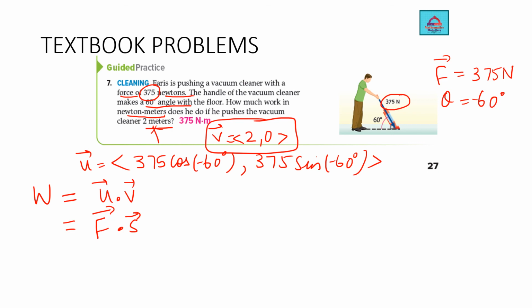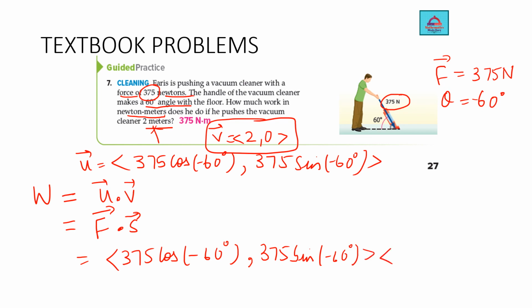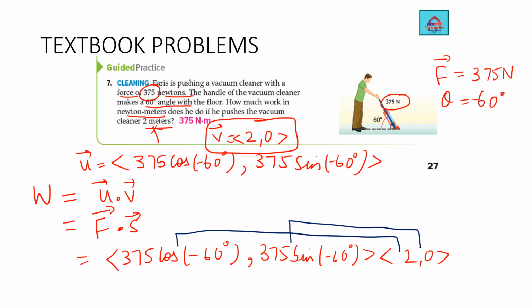So you can plug in the values. I'm just now substituting in the dot product, and when you take the dot product, I hope you remember from video 1, x goes with x, y goes with y. Now the part going with 0 will vanish, so you are only left with 2 times 375 and cos 60 degrees.